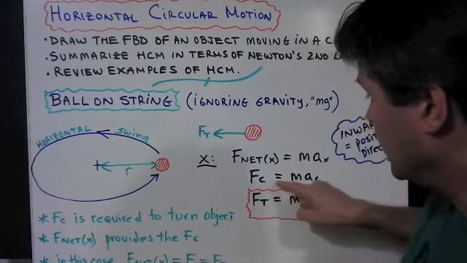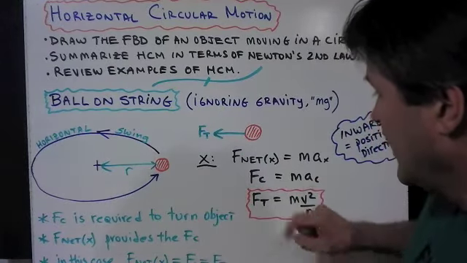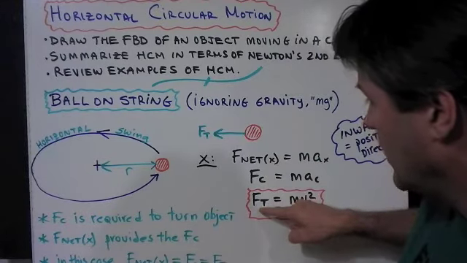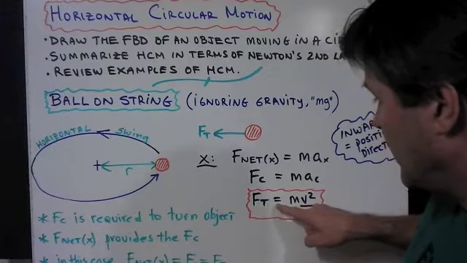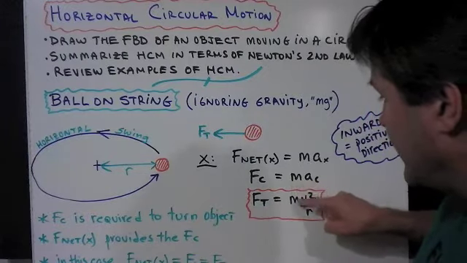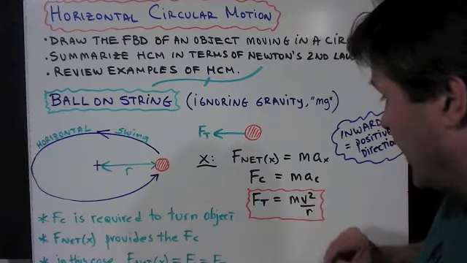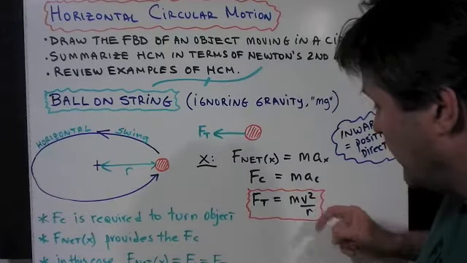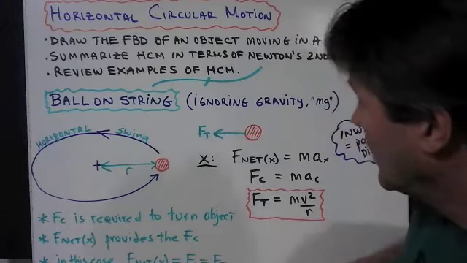So Fc is equal to m a_c, and we're going to replace the F net with the tension. So the tension is going to be equal to m a_c, or m v_t squared divided by r. a_c is equal to v squared divided by r.